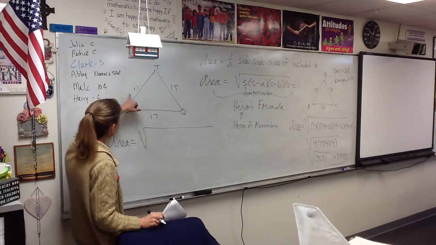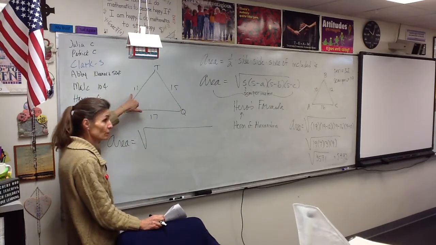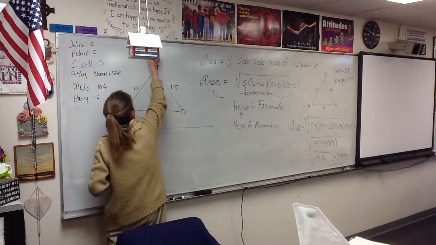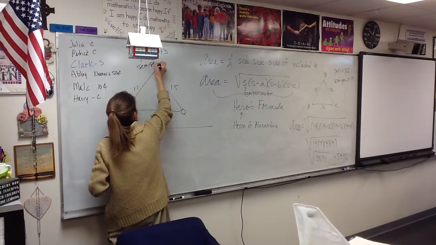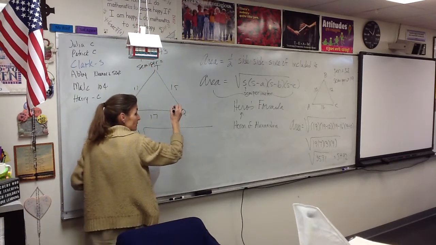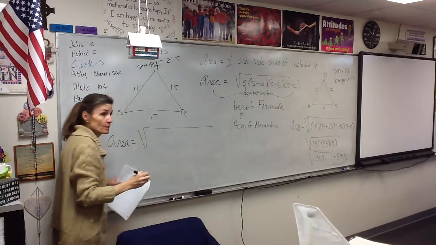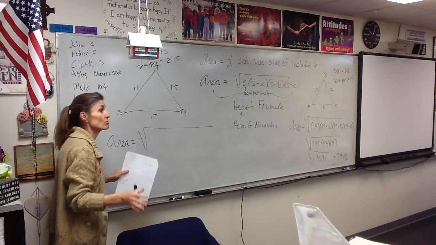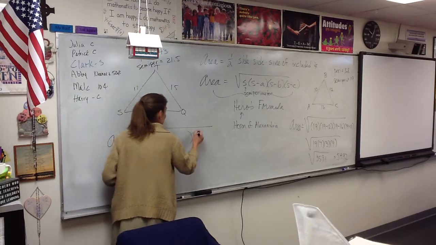So the perimeter here would be what? 43? Is that right? So if the perimeter is 43, then the semi-perimeter will be 21 and a half. Now don't panic, I know it's a decimal, but we're going to do it on our calculator, so it really doesn't matter. So we start with 21 and a half.